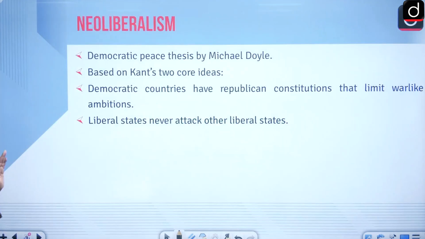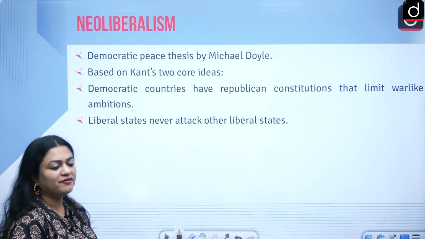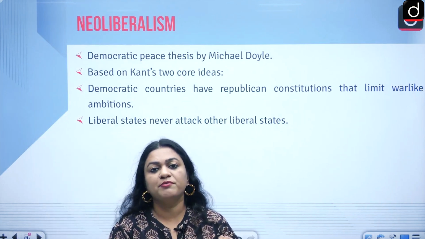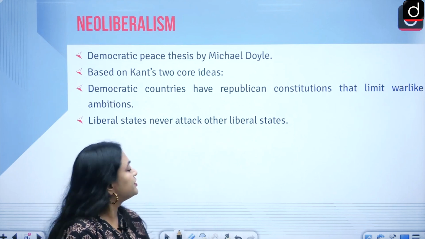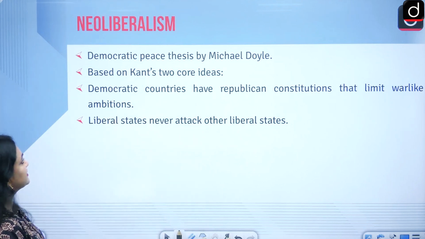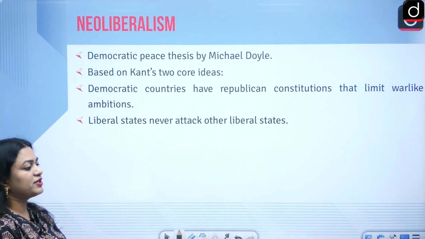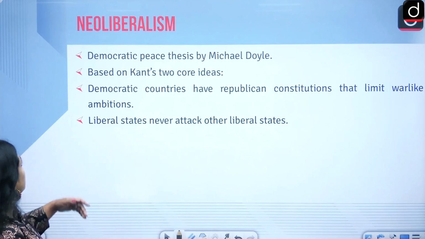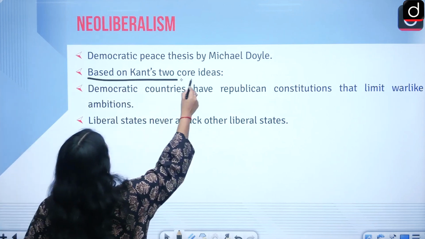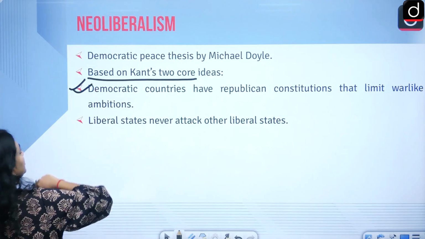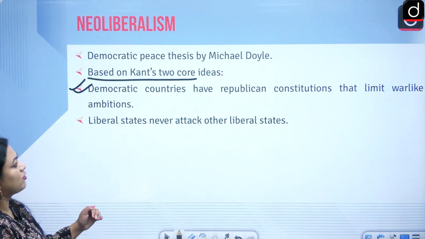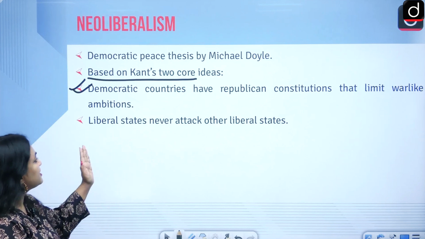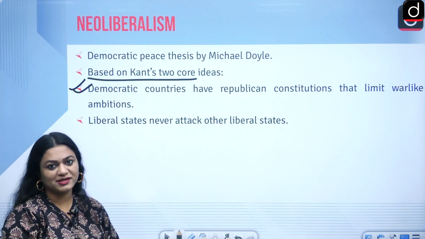Now, apart from the complex interdependence theory, another theory was given by Michael Doyle, called the democratic peace thesis, and he was highly influenced by Immanuel Kant. Based on Kant's two core ideas: democratic countries have republican constitutions that limit war-like ambitions, and liberal states never attack liberal states.